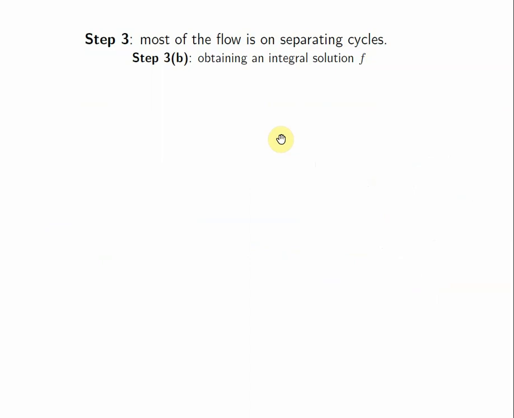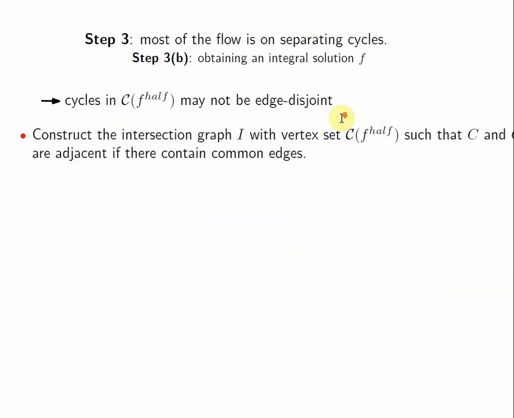From this half-integral solution, we now construct a set of edge disjoint paths. Notice that even though the cycles in the support of F-half do not cross, we may still have some edges shared by several cycles. Notice also that it follows from the half-integrality that an edge can be shared by at most 2 cycles.